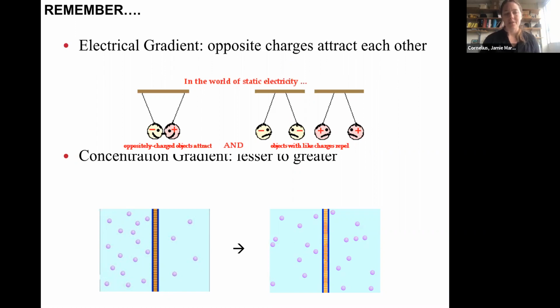You have a concentration gradient, from lesser to greater. In other words, if you have a permeable membrane and you start with a high concentration on the left and a low concentration on the right, then if you have permeability, that ion is going to move until that concentration gradient is balanced. That's certainly going to be a review for you guys.